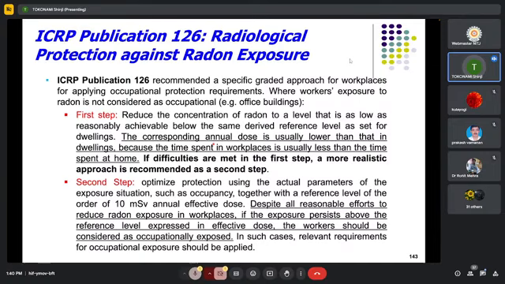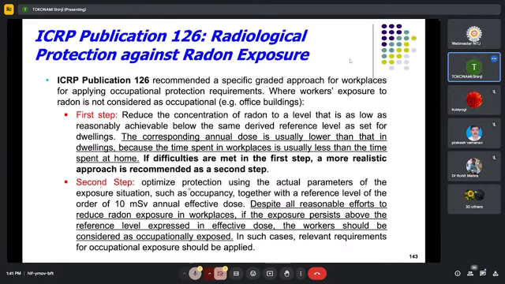The corresponding annual dose is usually lower than that in dwellings because the time spent in workplaces is usually less than the time spent at home. If difficulties are met in the first step, a more realistic approach is recommended as a second step.